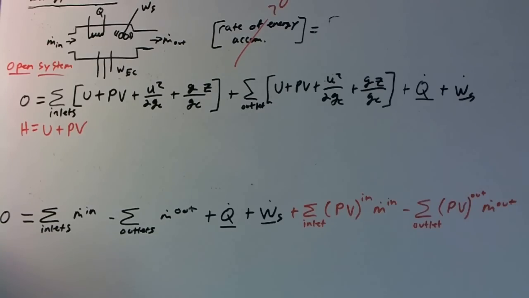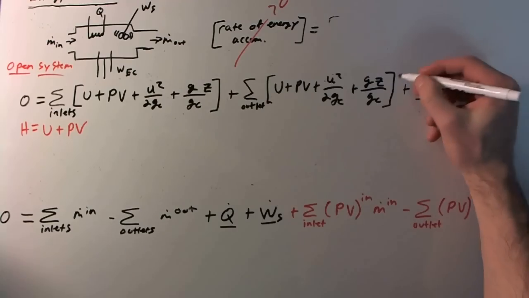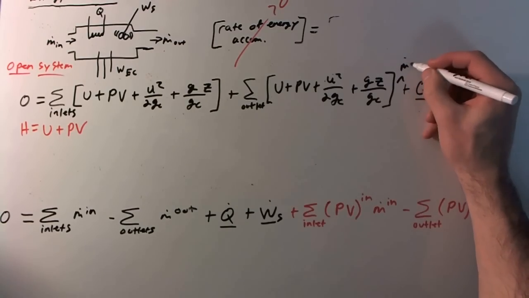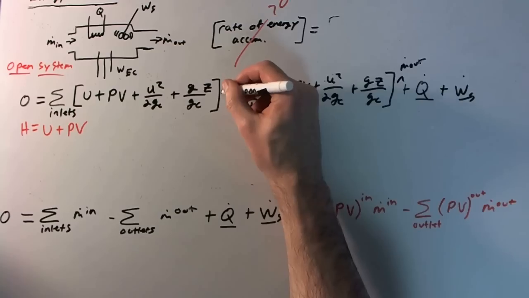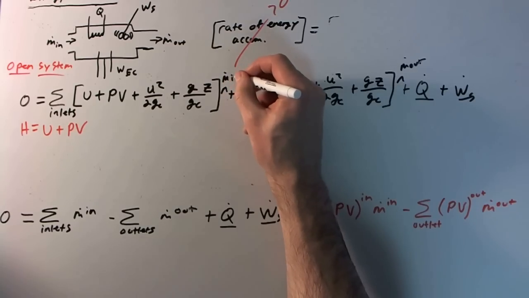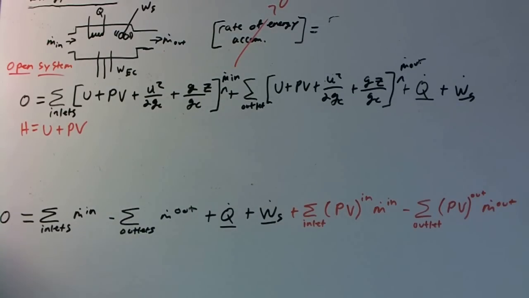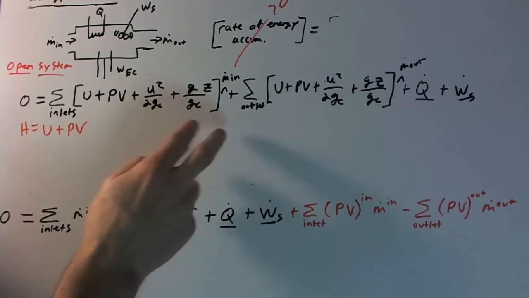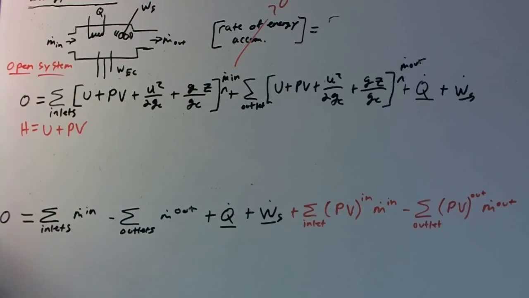I'm forgetting the mass flow rate somewhere. There's an m dot out and an m dot in, the mass flow rates, because we factor that out, since the kinetic and potential terms both have a mass associated with them.